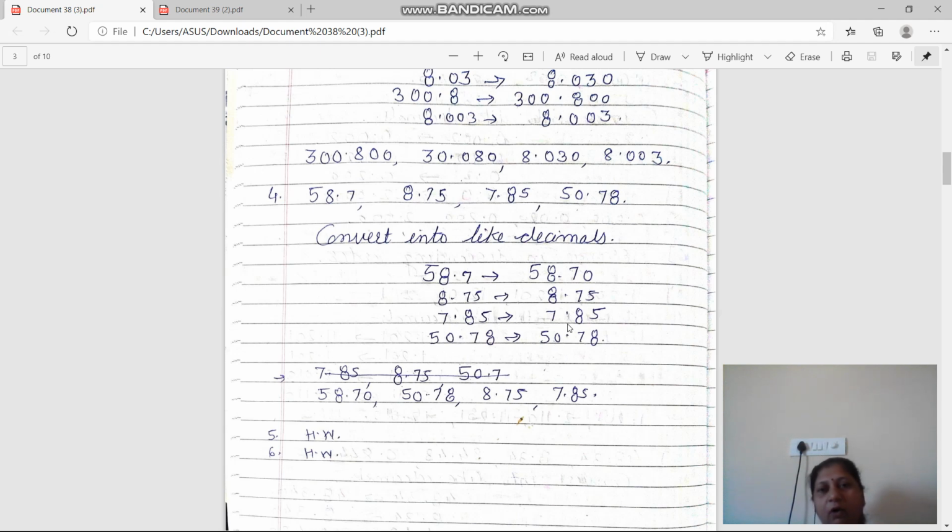Get it everyone? So all are already like decimals. Which is the largest one? 58.70, then 50.78, then 8.75, and then 7.85. Understand everyone? So may I start the next topic?